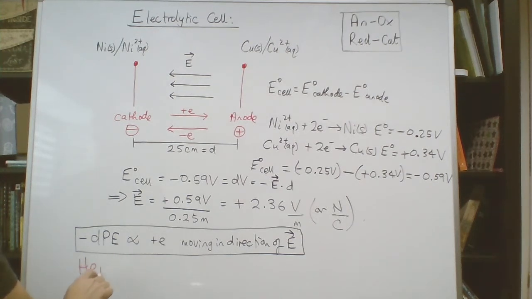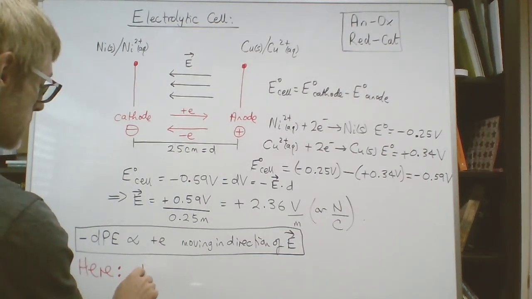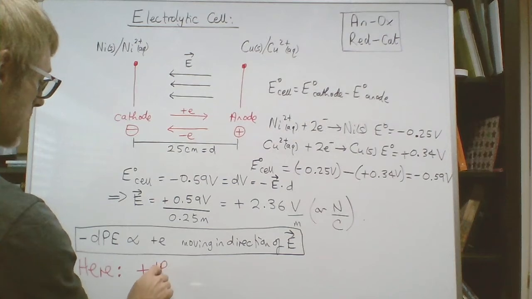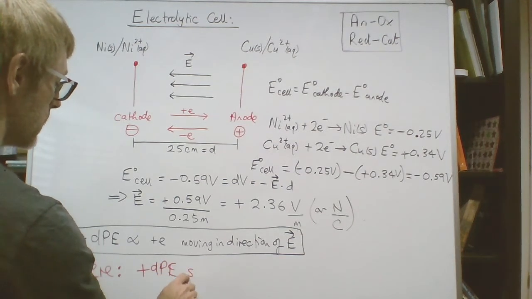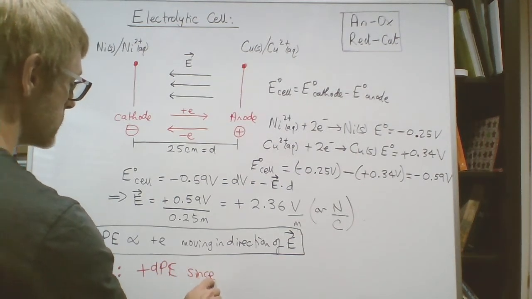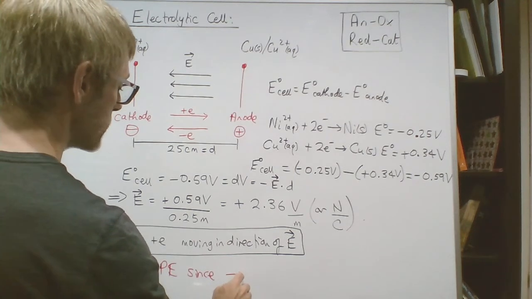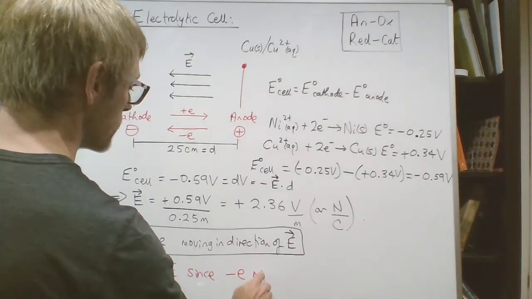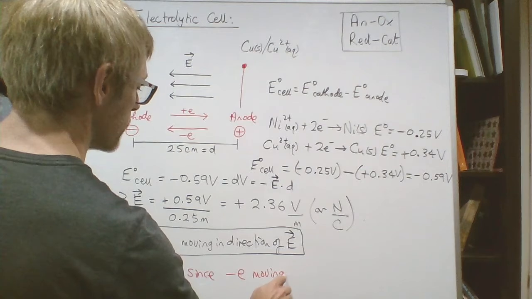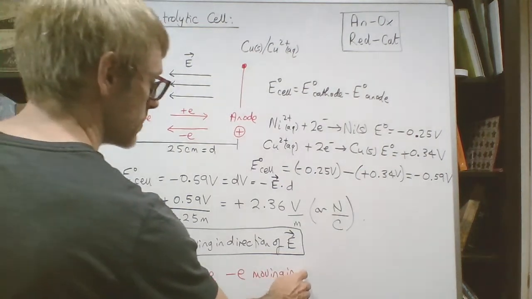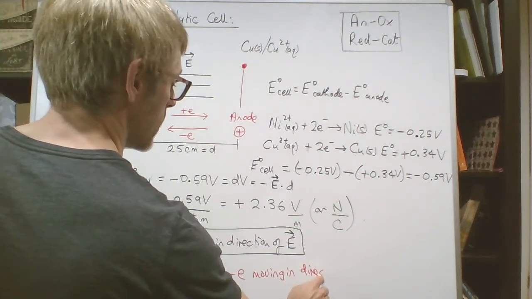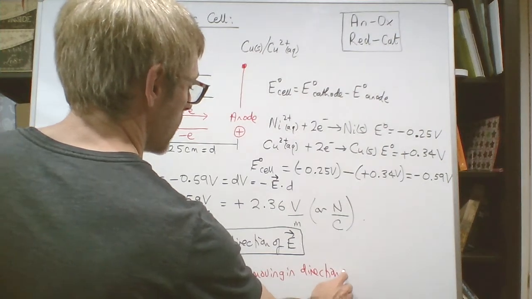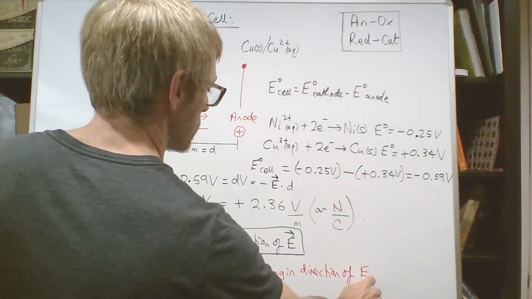So here, in an electrolytic cell, we actually have a positive change in potential energy, since a negative charge is moving in the direction of the electric field.